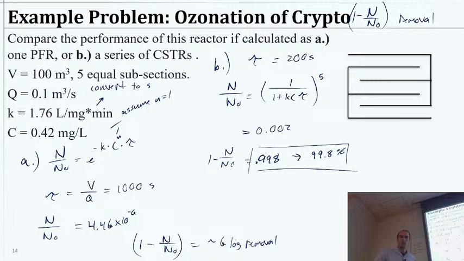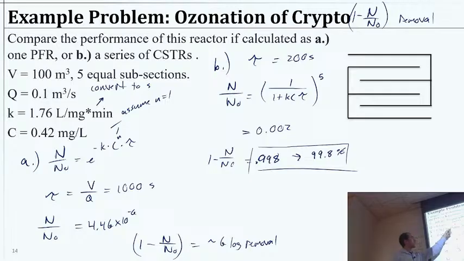All right, so we'll go through this with you. Had a chance to make some progress. So for A, plug flow reactor, we're going to do our typical batch type kinetics with tau instead of t. Find our tau, V over Q, should be 1,000 seconds. And we can solve for N over N naught as 4.46 times 10 to the minus 6.